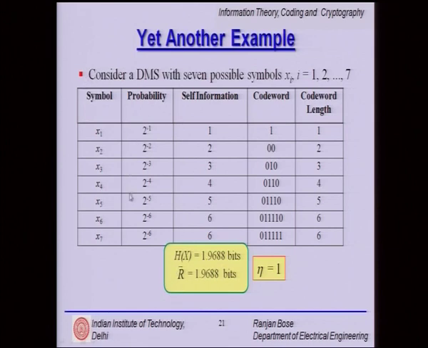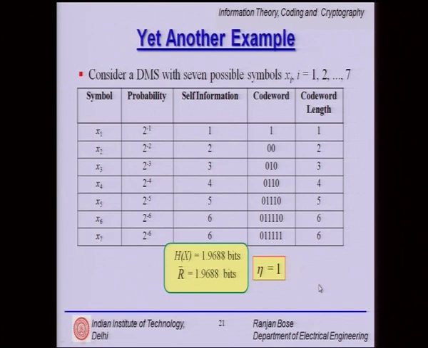This special probability distribution, and only this special probability distribution, allows me to reach R bar equal to the lower bound H(X). And this also tells you why in all other cases my R bar will be greater than H(X), because I just can't match the self information with the integer code word length.